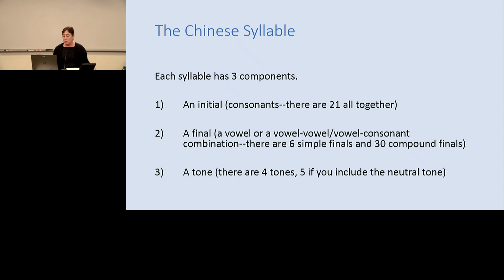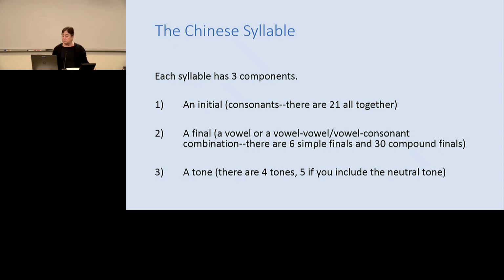A final can be a simple final, which is just a single vowel, or it can be a compound final, which would be a vowel-vowel or vowel-consonant combination. There are 6 simple finals, and out of those 6 simple finals, we could have up to 30. We have 30 compound finals.